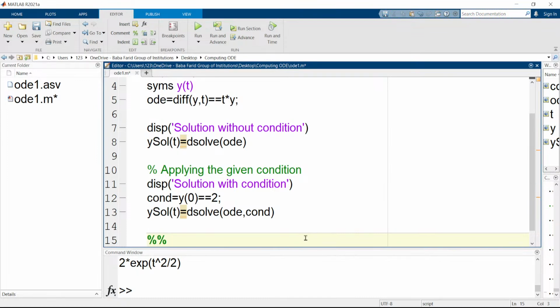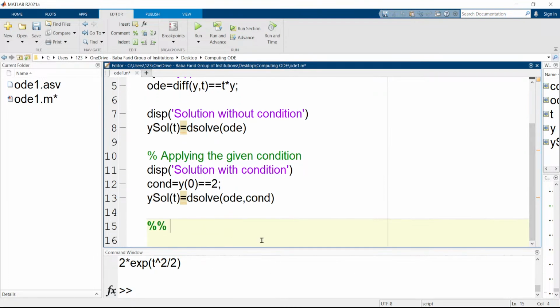When you enter a double percentage sign, a new section will be created, and here we assign the statement of which type of problem we are going to discuss. So here we are solving the nonlinear differential equation with initial condition.